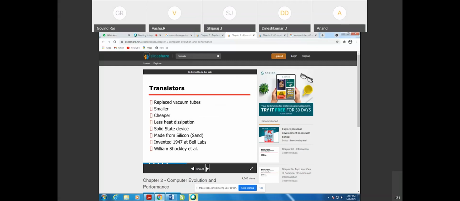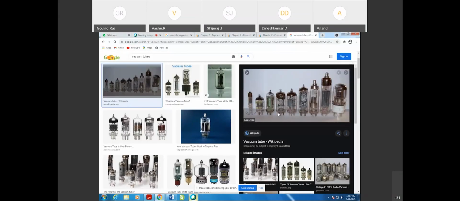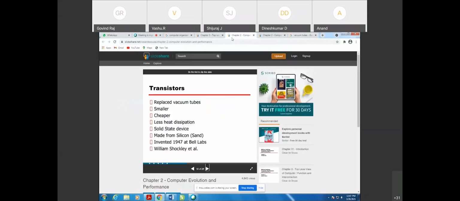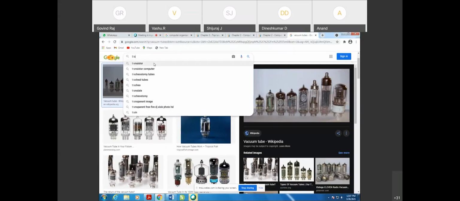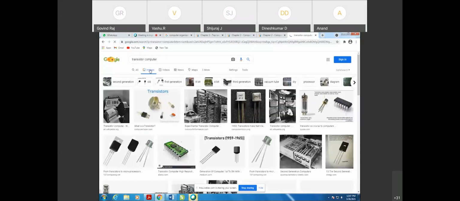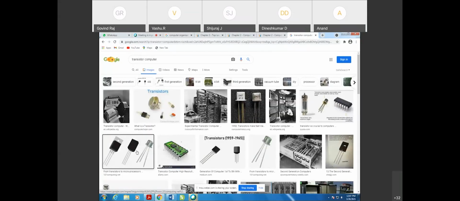And in the second generation computer, we saw the vacuum tubes, the vacuum tubes are replaced by transistors. How do transistors look? It looks like this more or less.